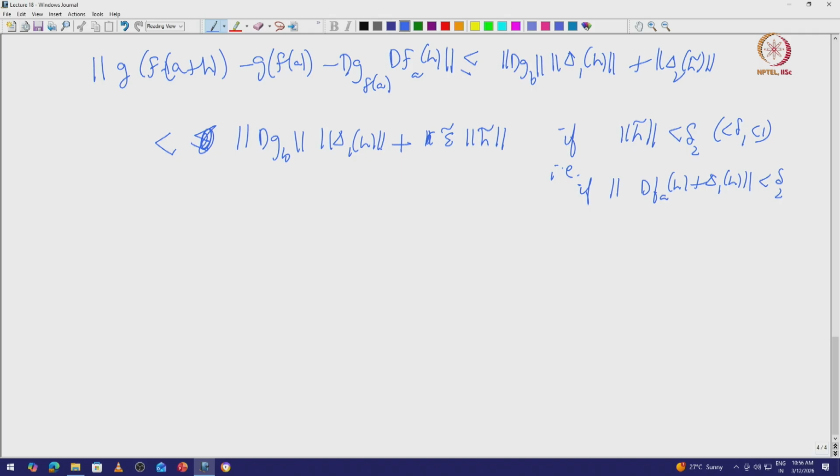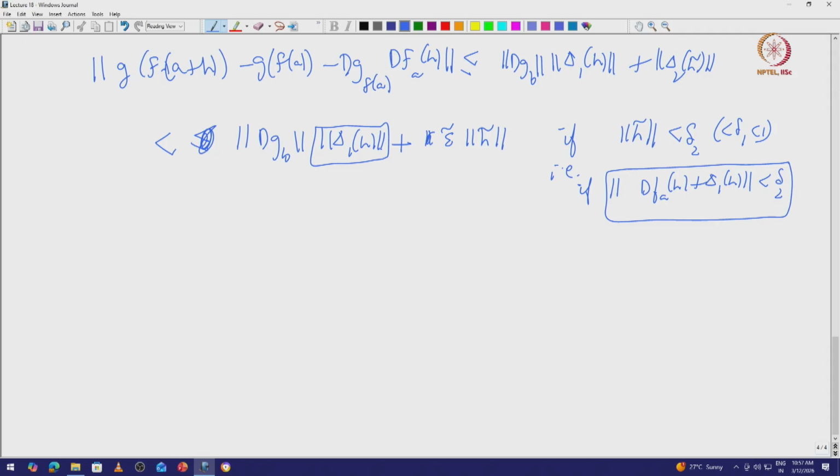So, notice that what can we do at this stage? First of all, how can we make sure this happens? And how can we estimate this term?